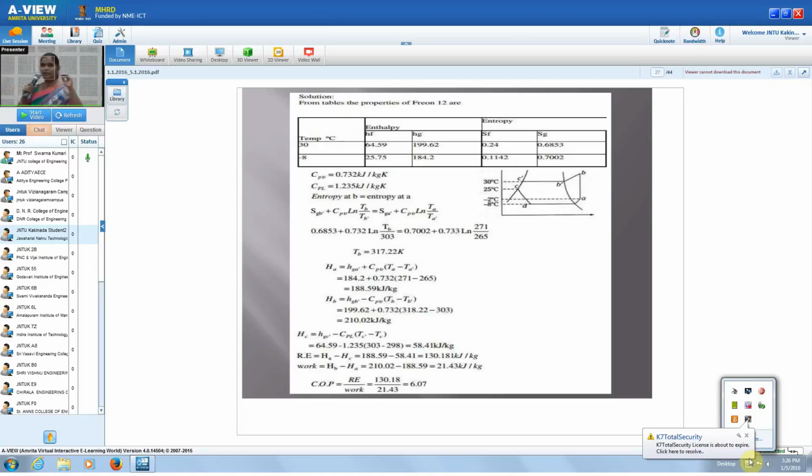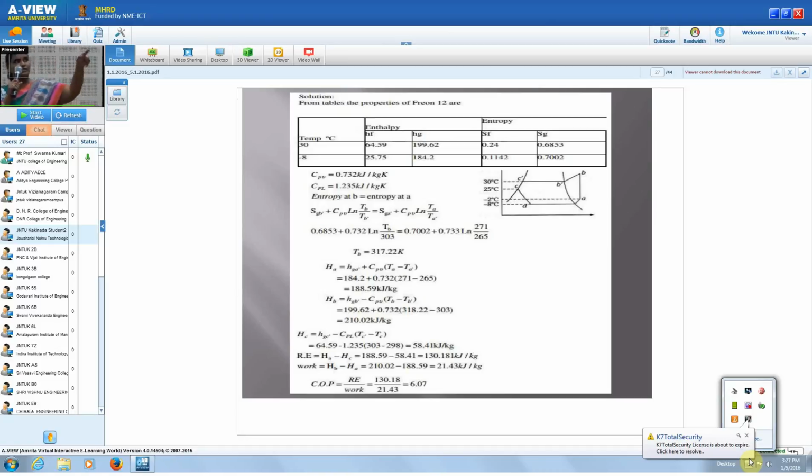For finding the temperature TB, we equate the entropy at A and the entropy at B. Entropy at A is nothing but Sg, the vapor entropy at minus 8 degrees centigrade, plus the specific heat of the vapor refrigerant into log e of Ta by Ta dash.